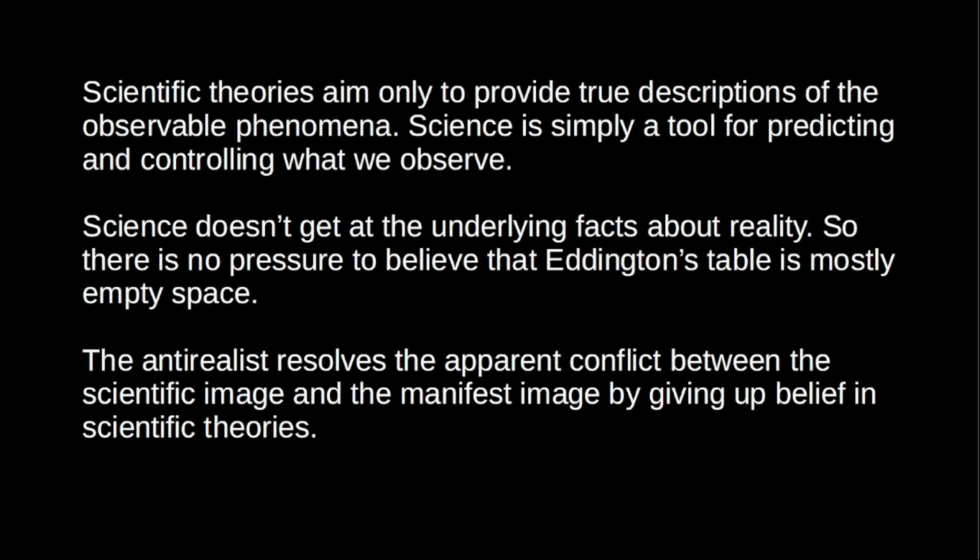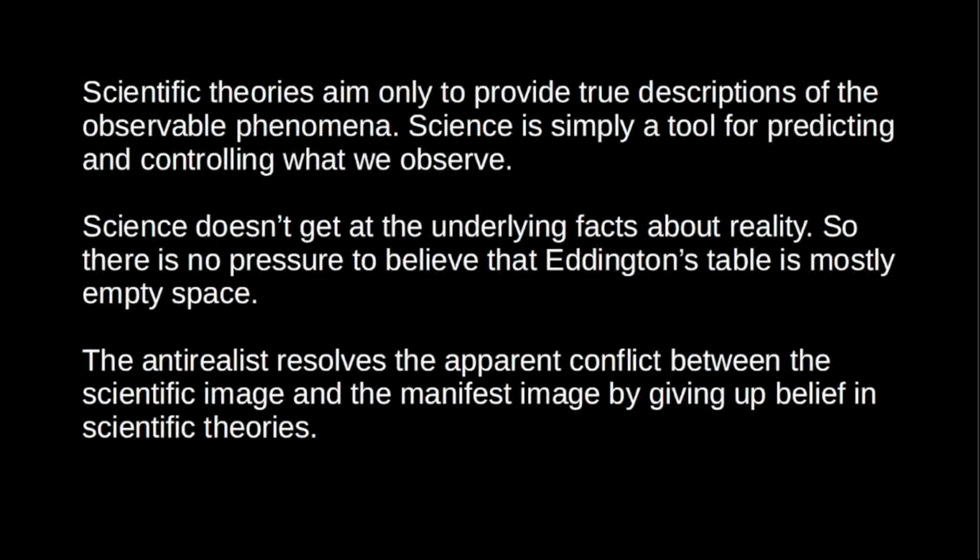Okay, so the first strategy, and this is not mentioned by Chalmers, but I think it's worth considering, is to adopt anti-realism about scientific theories. So constructive empiricism, for example. I have a whole video series on scientific realism if you're interested in exploring this debate more. But basically, according to constructive empiricists, scientific theories aim to provide true descriptions of the observable phenomena, but that's all.